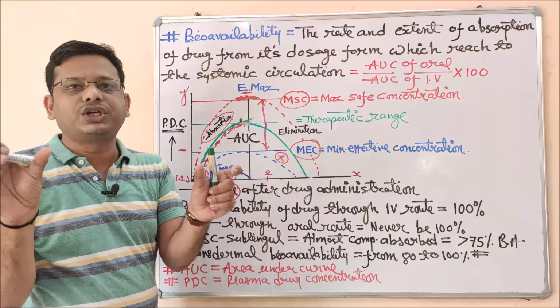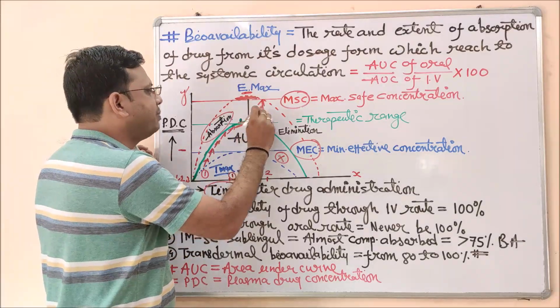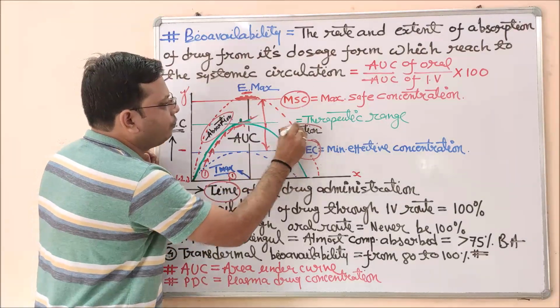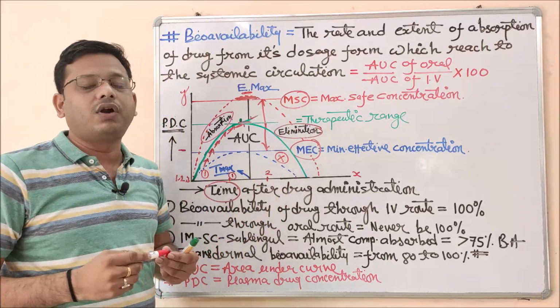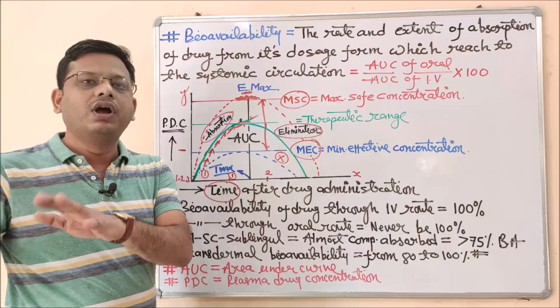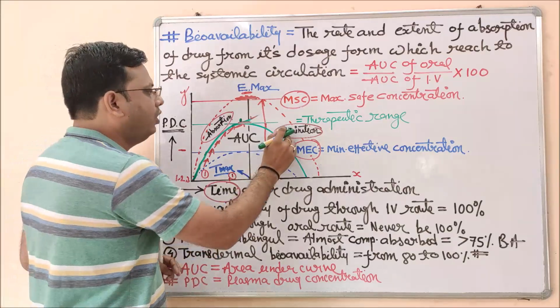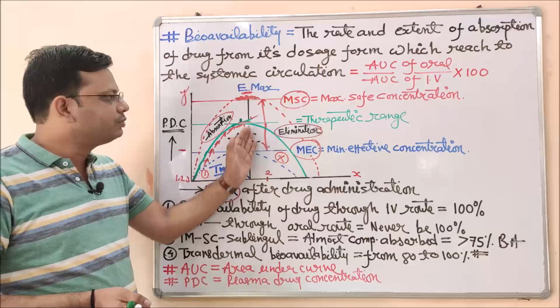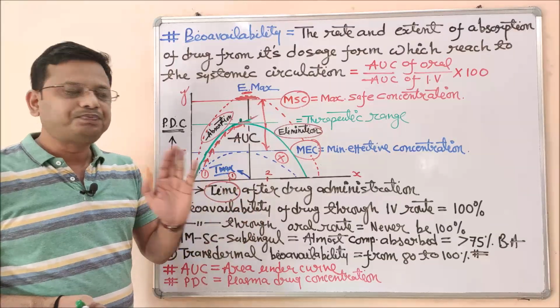It has some duration of action. After completing its specific duration of action, the drug will start being eliminated or excreted from your body. So this is called the elimination phase. I hope this parameter is clear to you.